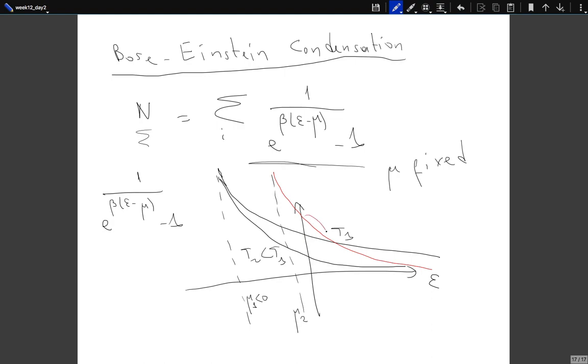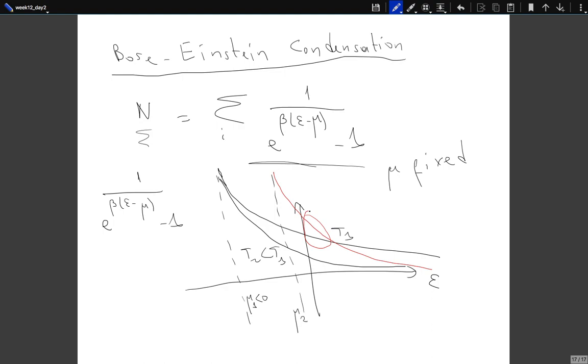But you see, in this region, the occupation number increases. That is also what we expect, because if we distribute particles in all our states, as I lower the temperature, the number of particles in the excited states will get smaller, but the number of particles in the ground state or close to the ground state will get larger.